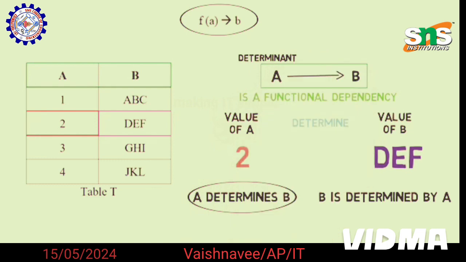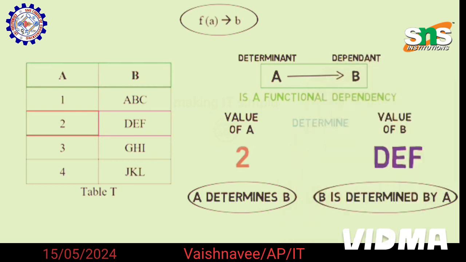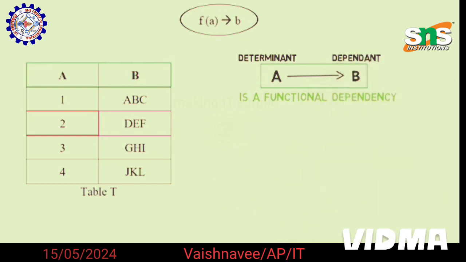In functional dependency, the attribute which is used to determine another attribute is called the determinant. So here A is the determinant, and the attribute which is determined using the determinant is the dependent.